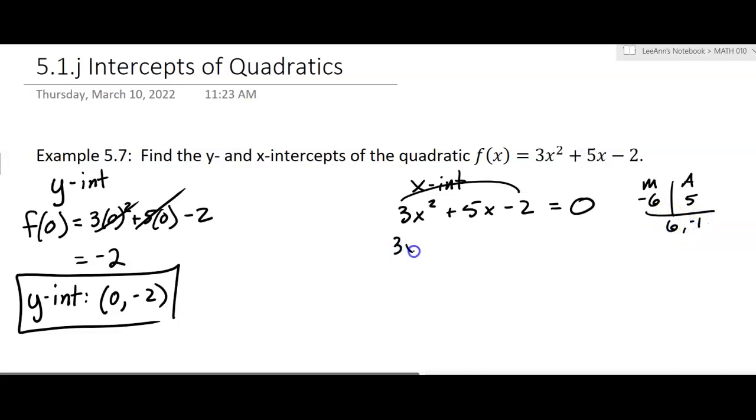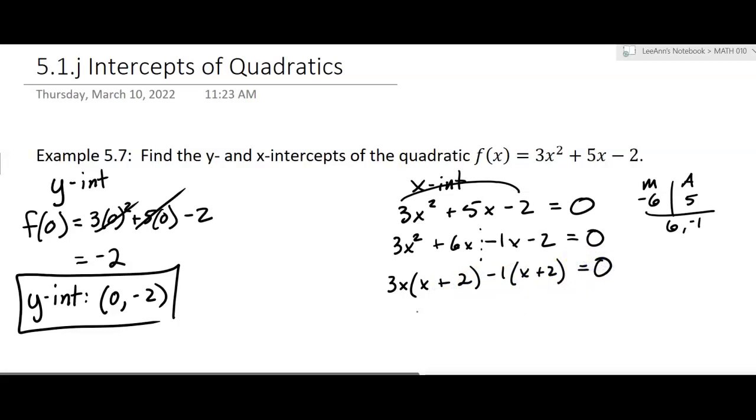So I'm going to go 3x squared plus 6x minus 1x minus 2 equals 0. And factor out the 3x. Factor out the negative 1. Or you could use trial and error. And you get, well, I usually write it this way, (x plus 2)(3x minus 1).